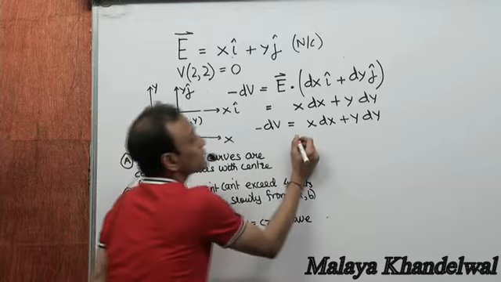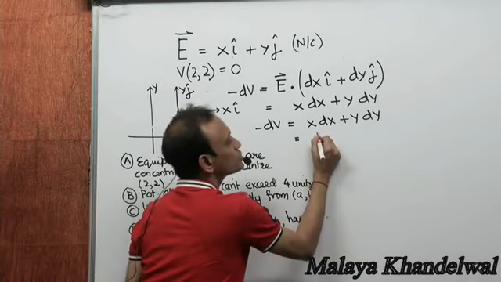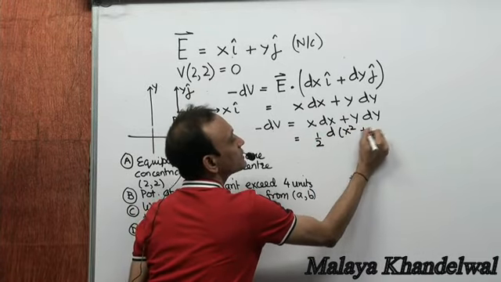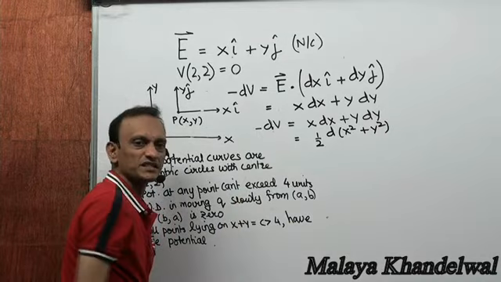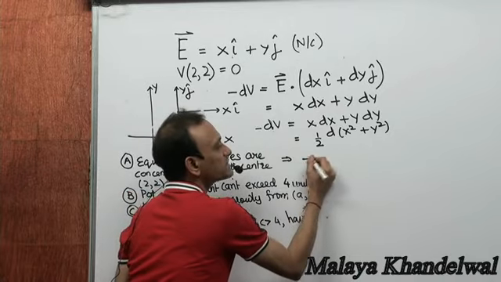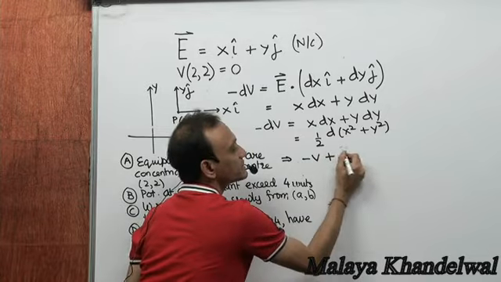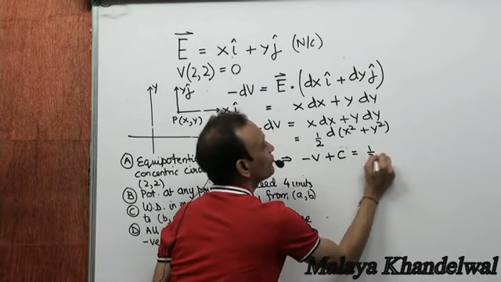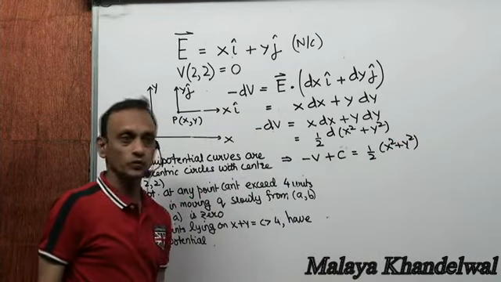If you are comfortable with algebra of differentials, this you could write as half of d of x squared plus y squared. That's minus dV. On integrating both sides, I end up getting minus V is, with a constant of integration C, half of x squared plus y squared.